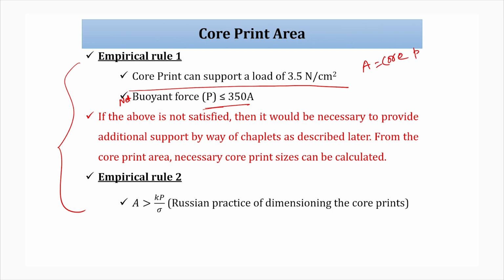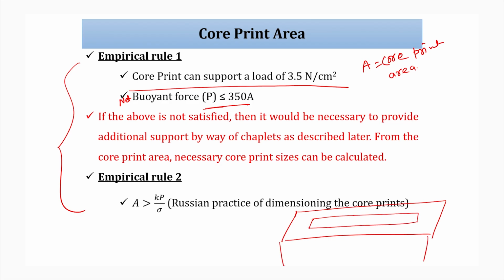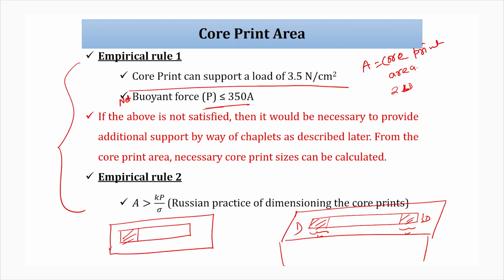From the top view, with L and D, the area will be L into D. Let us assume only one hanging core is there, so A will be LD.